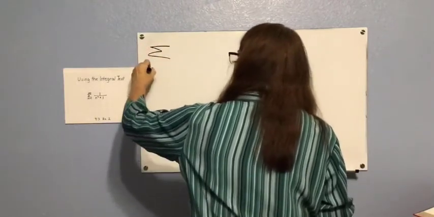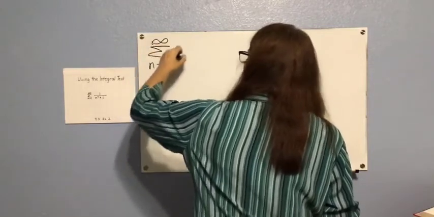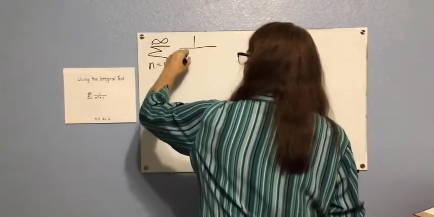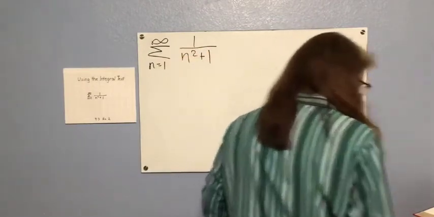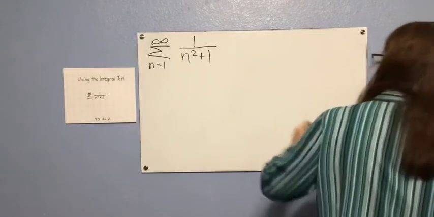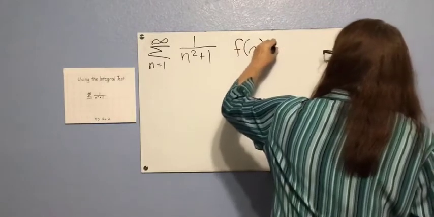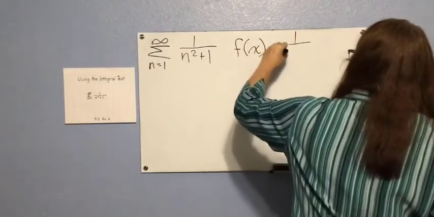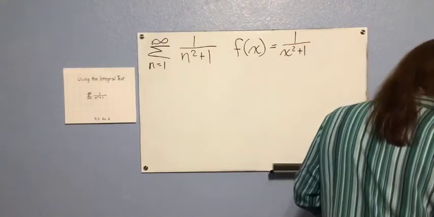Now the summation is n equals 1 to infinity of 1 over n squared plus 1. Okay, so my associated function would be f of x is equal to 1 over x squared plus 1.